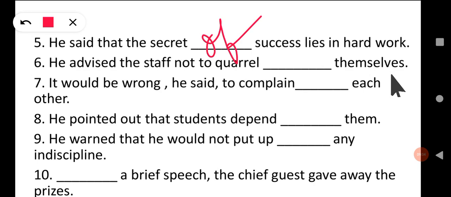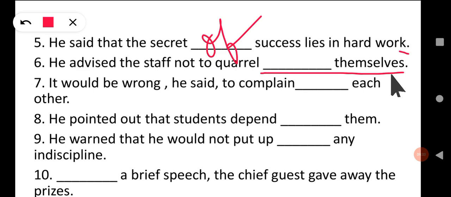Next one, he advised the staff not to quarrel dash themselves. Here I will give you two options: between themselves, among themselves. Between is used only when you have two people, two things, two places. Let us say not to quarrel between two people.